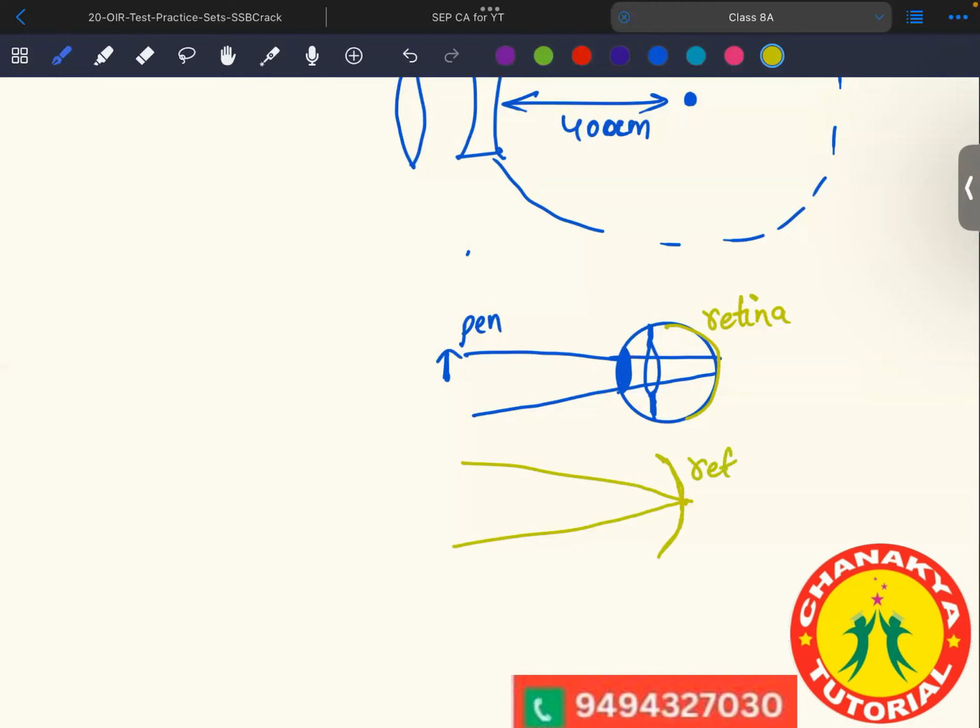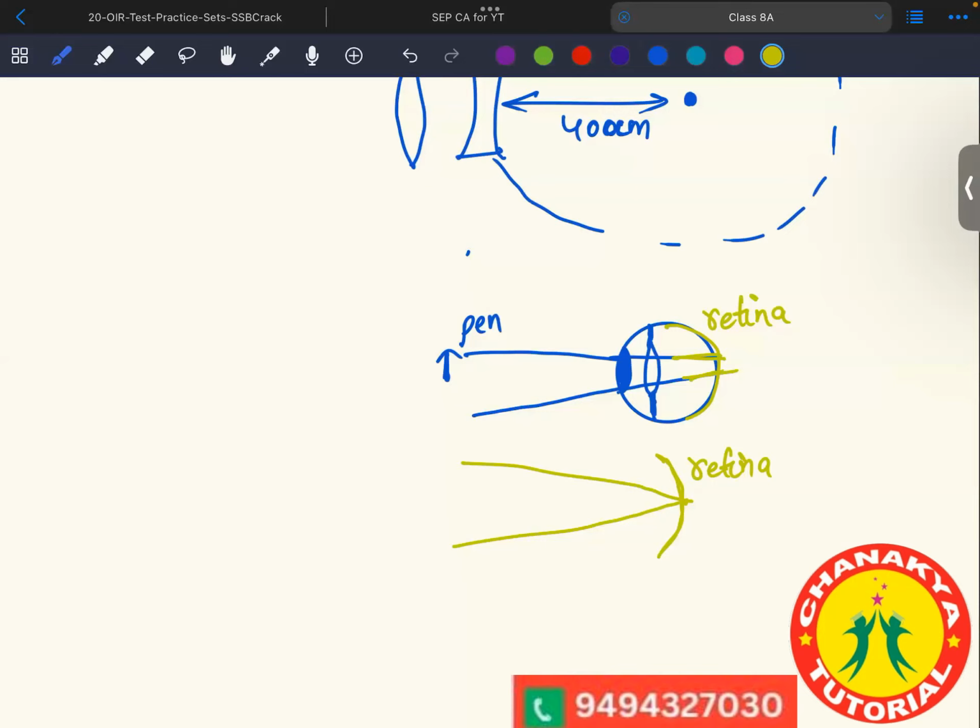But because the ciliary muscle must have grown weaker, it cannot make the required adjustment of the lens, due to which the rays coming from this pen cannot be converged at the retina. Instead, these rays are going behind the retina. They are not converging, but going far. So you won't be able to see.